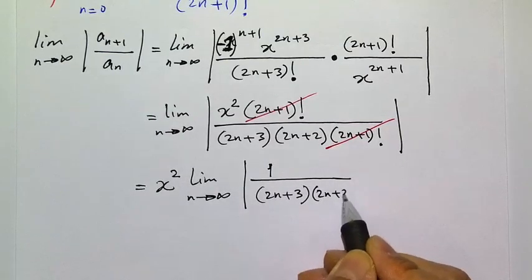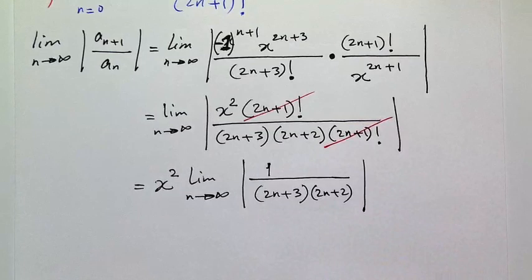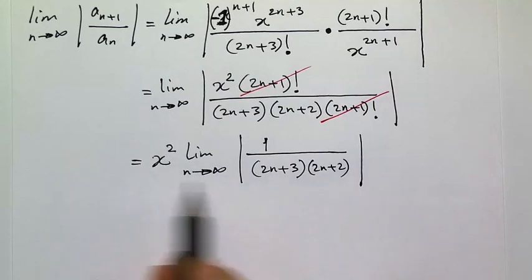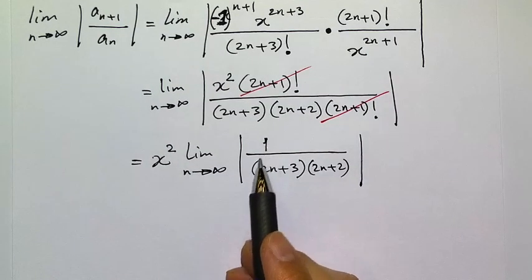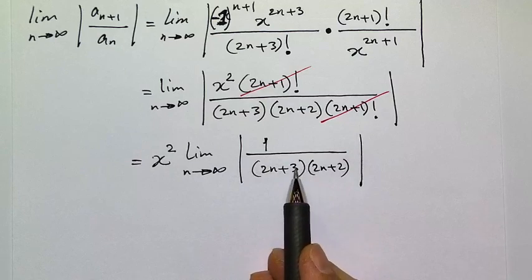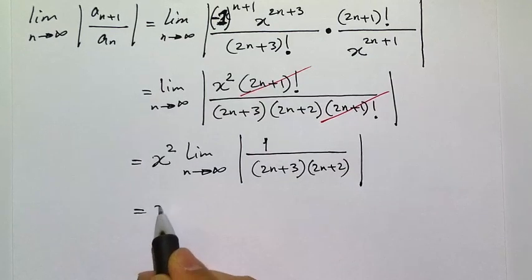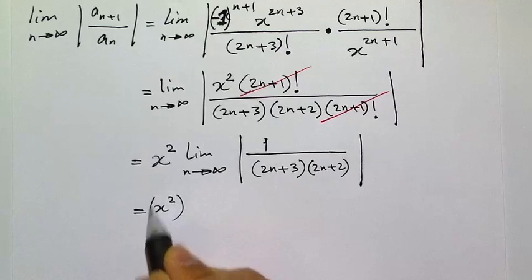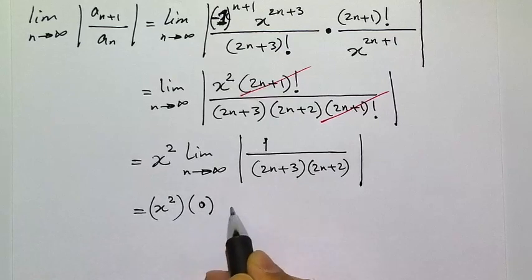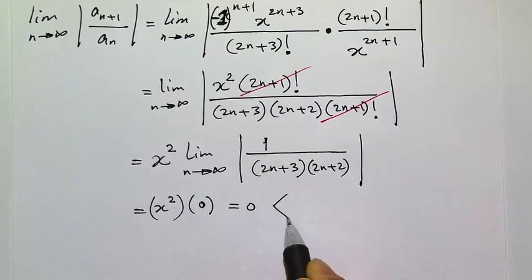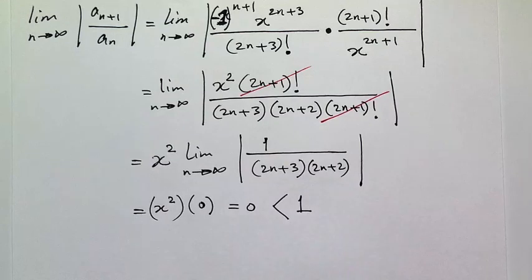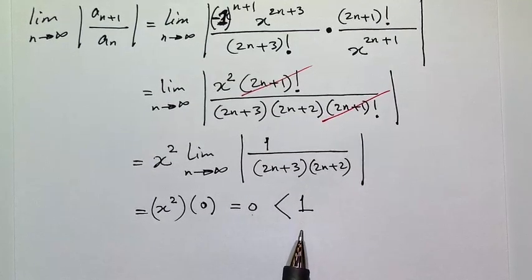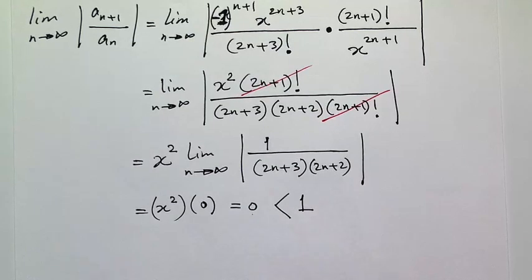So we end up with that. Now, if you apply the limit, this will be 1 over infinity, which will be 0. So we'll have x squared times 0, which is less than 1. So the ratio test leads to a constant that is less than 1. So for sure, our series converges.